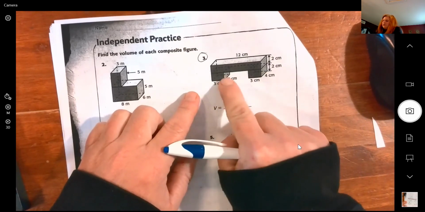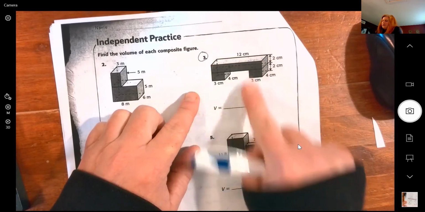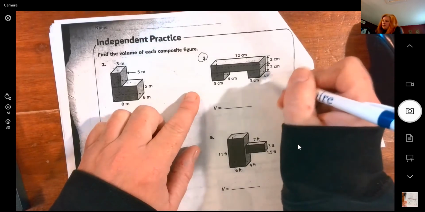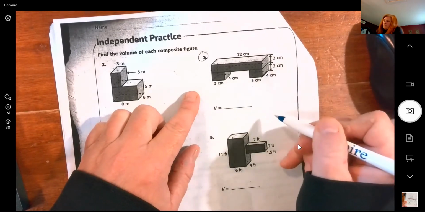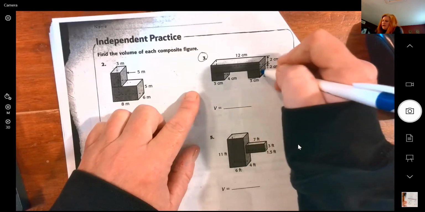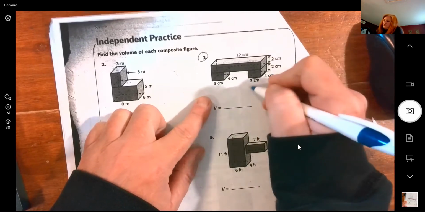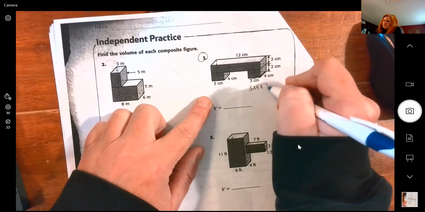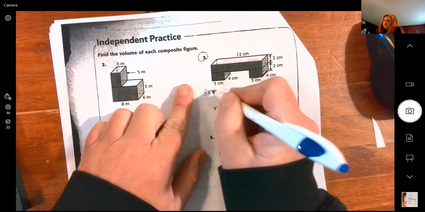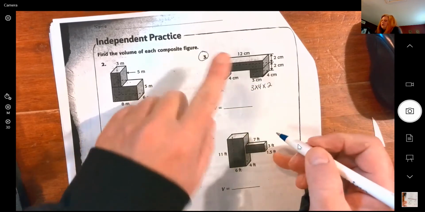I have another little rectangular prism over here, and I have a really big rectangular prism here. All right, so this side is 4, this side is 3, and the height is 2. This one is exactly the same.